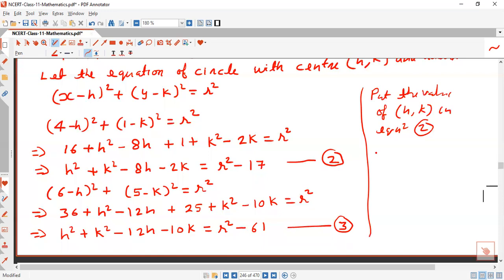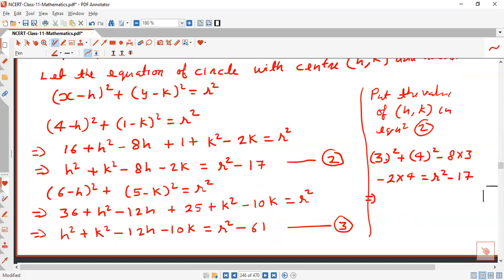h is 3, 3 square, k is 4, 4 square, minus 8 into 3, minus 2 into 4 equal to r square minus 17.